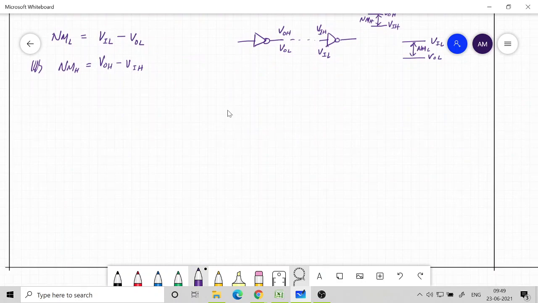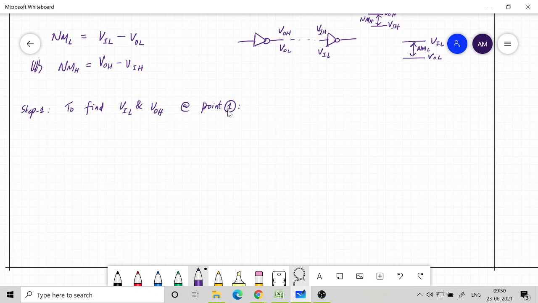Step 1, to find VIL and VOH, that is the voltages at point 1.